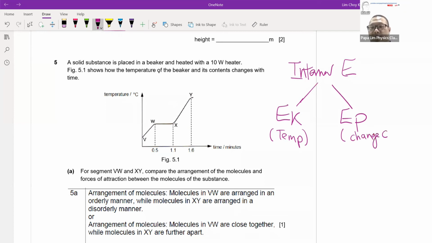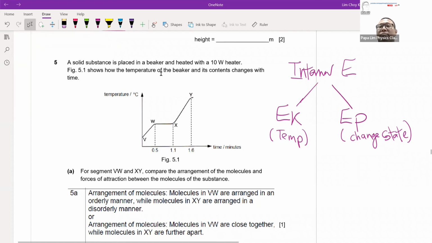So at each different section, when we're talking about heating, boiling, freezing, whether it's heating a solid or heating a liquid, we are looking at the internal energy, the kinetic energy and the potential energy of the object at each stage. At each stage, the kinetic energy and the potential energy will change differently.